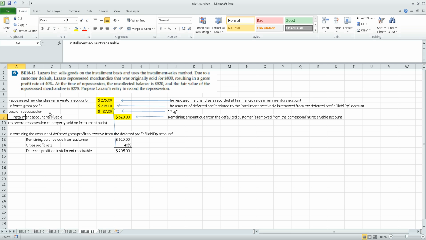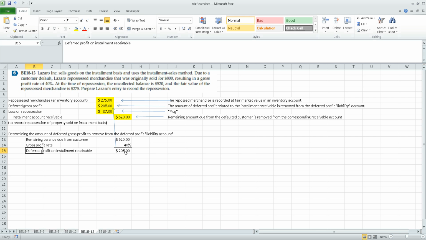Next, we're going to calculate the balance in the deferred profit account that is attributable to this receivable. And here's how we're going to do it. First, we're going to take the amount that remains to be paid us from the customer, the $520. Then we're going to multiply that times the gross profit rate, which we are told in the facts of the problem is 40%.